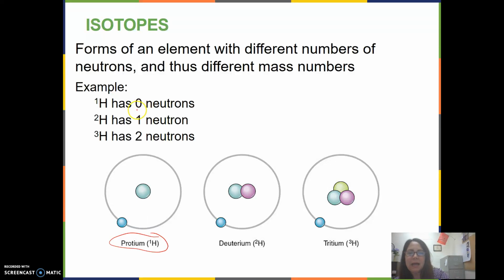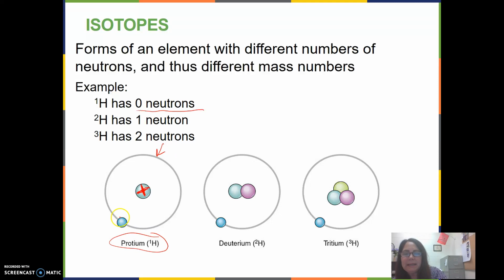It tells you here that hydrogen 1 has 0 neutrons, and you can also see it from the diagram. There is 1 proton, and I'm just going to put a plus here so you know that's a proton. The proton has a positive charge. There is 1 proton in the nucleus, and that's where the mass number 1 comes from.